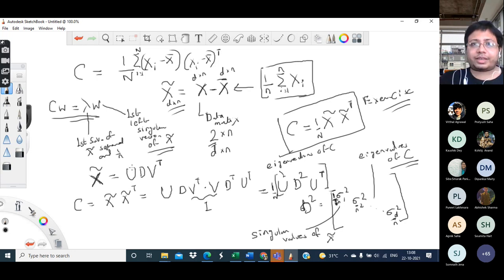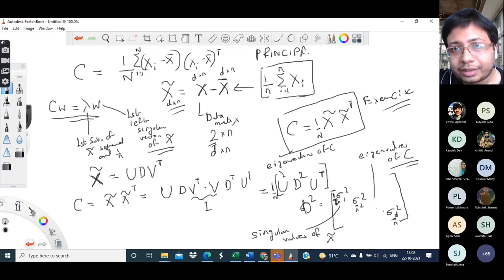So this kind of analysis is known as principal component analysis, and these left singular vectors of the data matrix are called the principal components of the data.